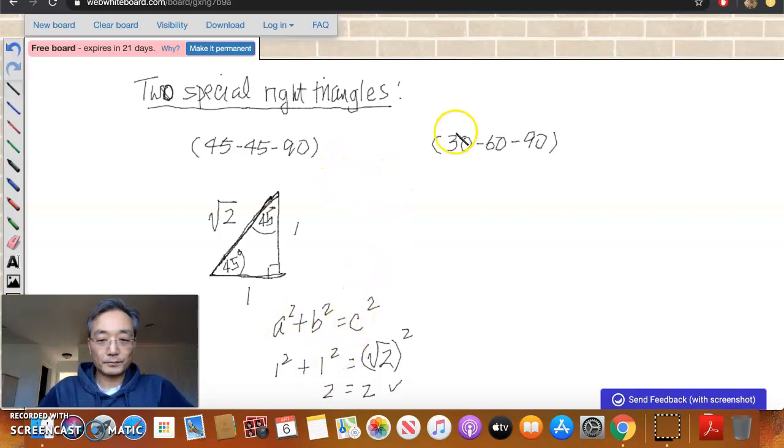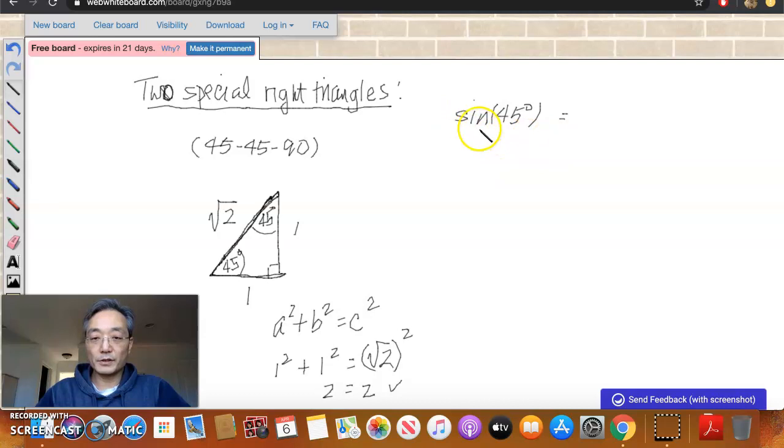Now, you know what, let me erase this for now, and I'll come back to it in a minute. Now, what I'm going to do is take our trig ratios. I'm going to take the sine of 45 degrees and see what that comes out to. What is the sine of 45 degrees?